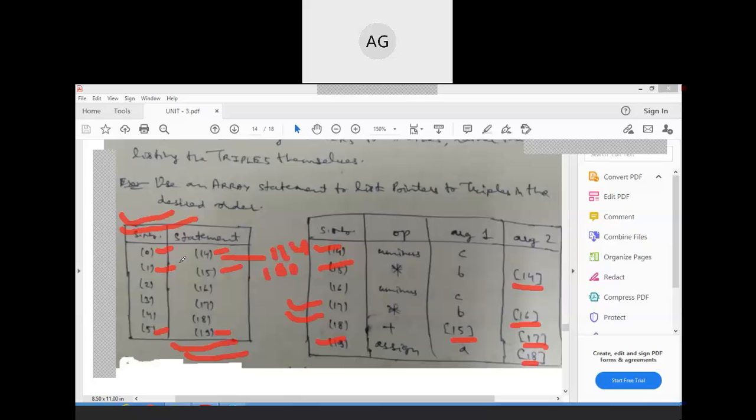But whatever you take in the base table, you need to follow it in the working table. So if you take the zeroth statement as 100, then in place of this 14 you write 100 here as well. Whatever you take in the base table, you need to carry on in the working table.